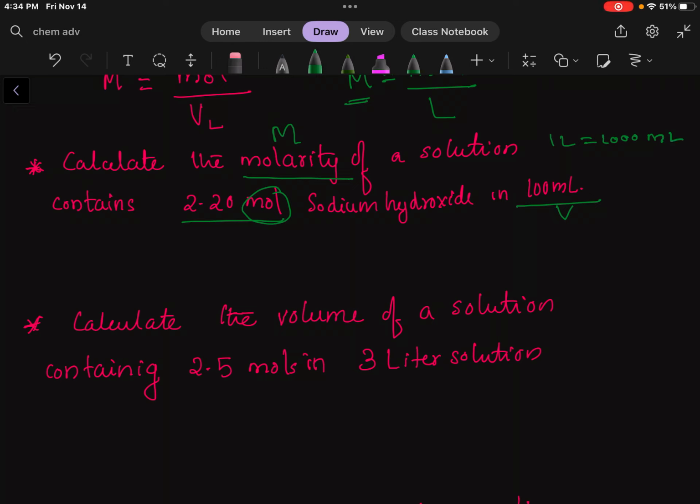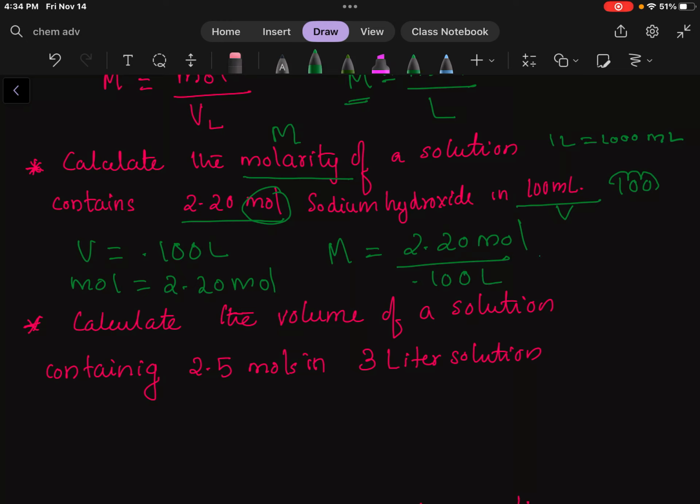So you have to divide this 100 by 1000, moving the decimal 3 places. The volume will be 0.100 liter, and moles is equal to 2.20 mole. Substitute: molarity is equal to 2.20 mole divided by 0.100 liter.